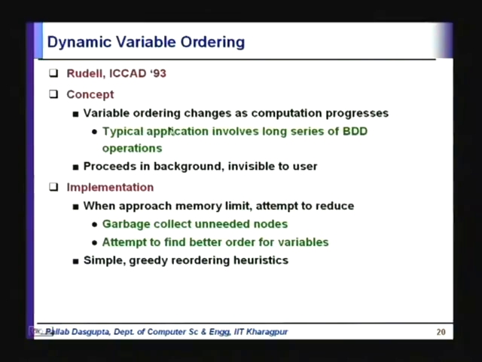One of the concepts which has become very popular and is supported by every BDD package is called dynamic variable ordering. So, this was introduced by Rudell in a paper in ICCAD in 93. What it does is it says that look, when you are building the BDD, I can incrementally swap the ordering between variables to improve the size of the BDD.